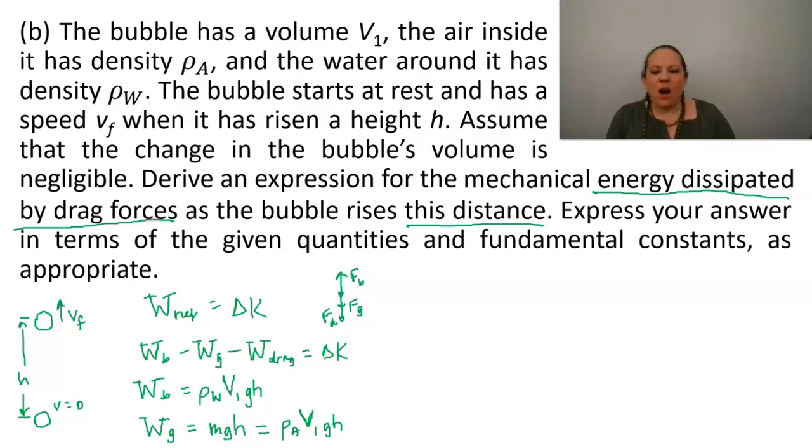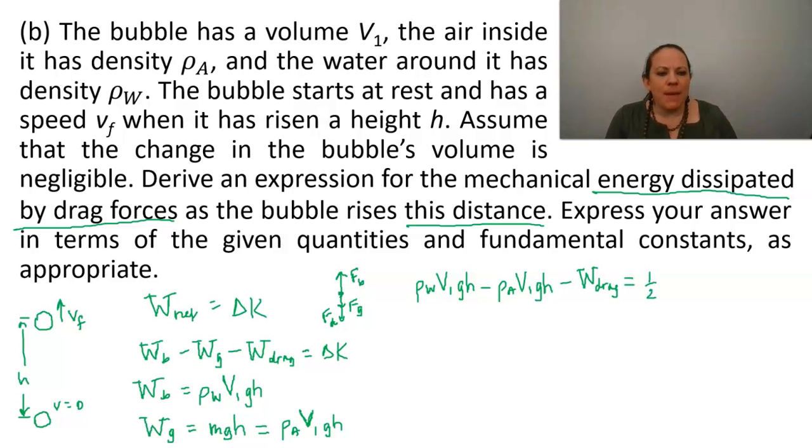And so now we're ready to make some substitutions with rho W V1 g h in place of the work done by the buoyant force, minus rho A V1 g h for the work done by the gravitational force, and then the work done by the drag force is what we're going to find. And that's going to be equal to the change in kinetic energy, which is a half m v squared.